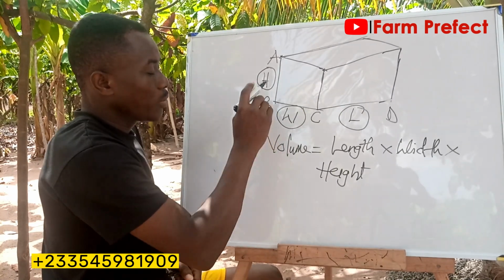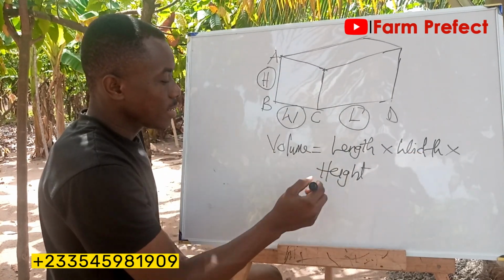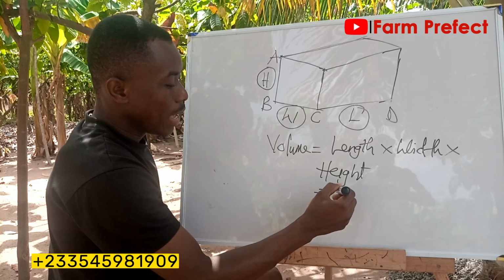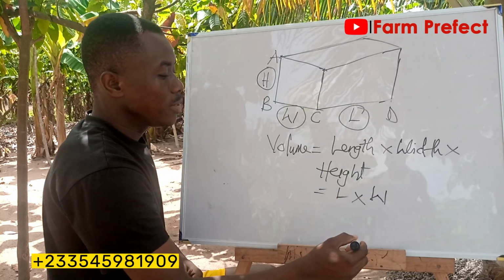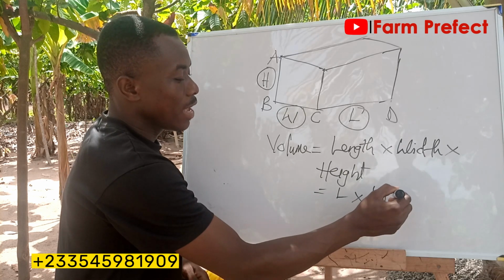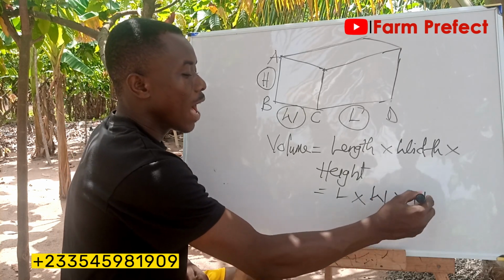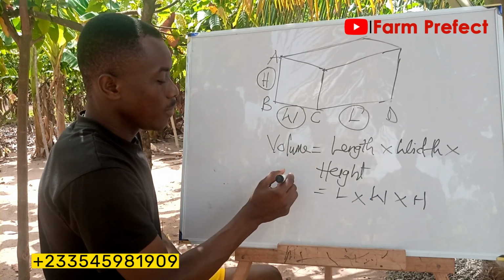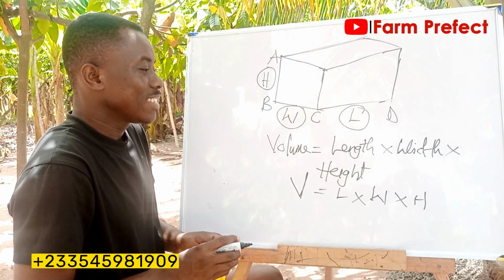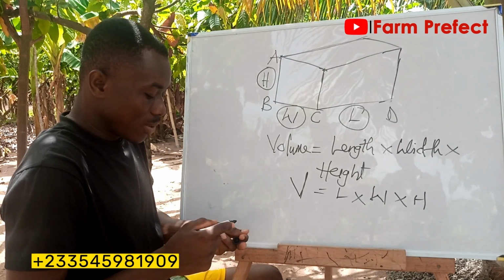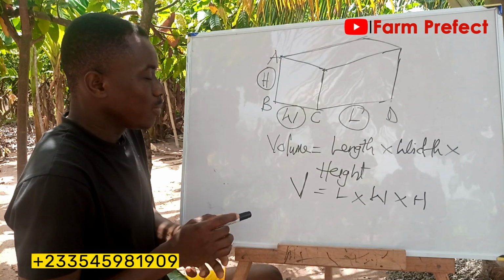Now, it is these things that we have represented with the L for length, the W for width, and then the H for height. Then the volume itself with a V. All right. I hope you are following. Yes. Now, there is something else I want you to know.